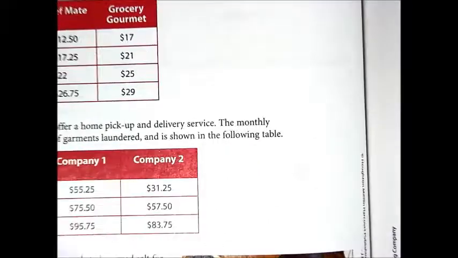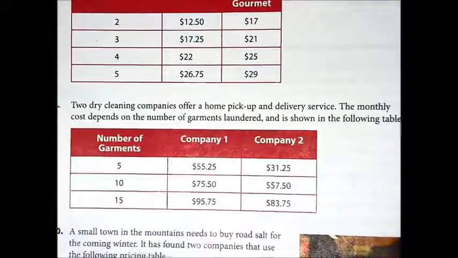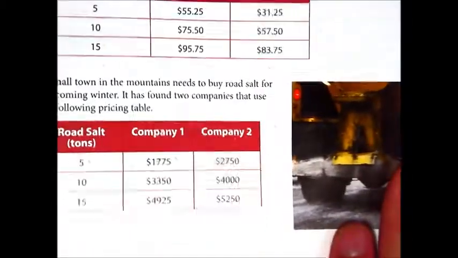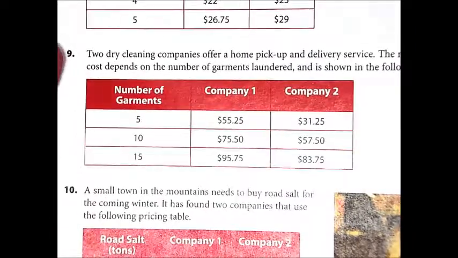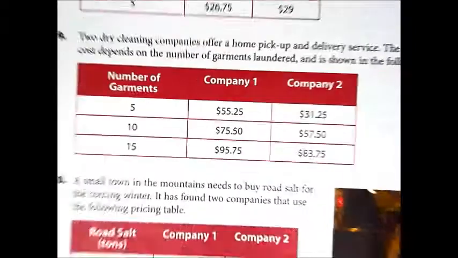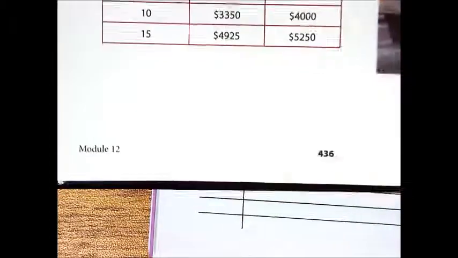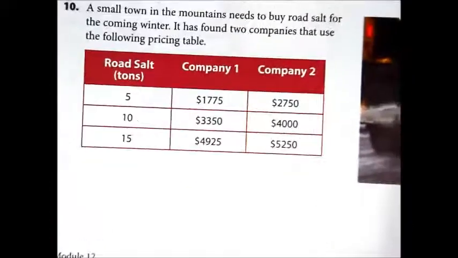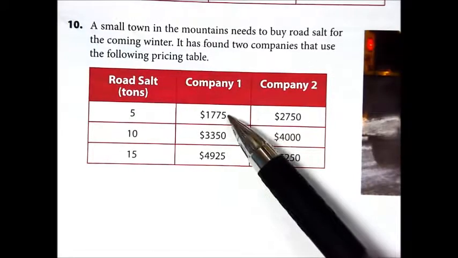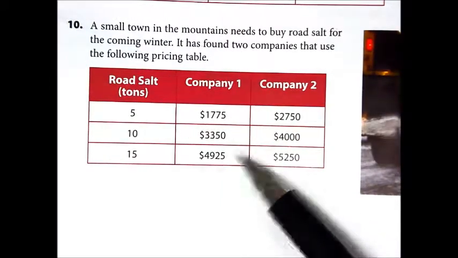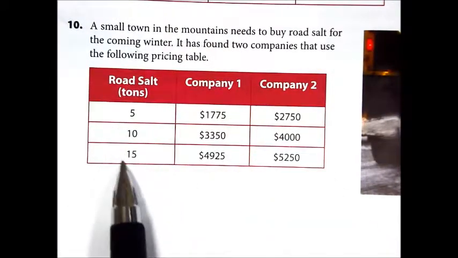8 and 10 are your table problems, which I think you guys can do pretty well based on what we talked about. I do want to give you a little warning on table number 10 that throws people sometimes from year to year. Okay, on table number 10 right here, when you go to do the slope, there's a definite pattern here, but I also want to point out that this is going up by 5s.